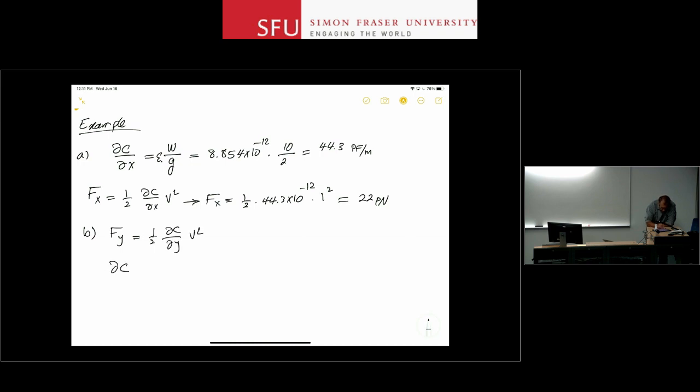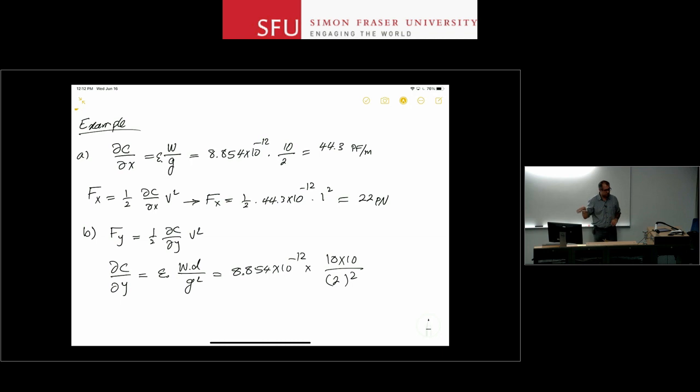So I need to calculate dC over dy. For the normal movement towards each other, it's going to be epsilon naught, the area between the electrodes, divided by the gap squared. I'm going to assume it's a small displacement, so I ignore the minus y squared here. So it's just a small motion. This is going to be 8.854 times 10 to the minus 12 times 10 micrometers times 10 micrometers for W and D, divided by 2 micrometers squared. Because the units for all of these numbers are micrometers, I'm just not going to write them, but keep that in mind.